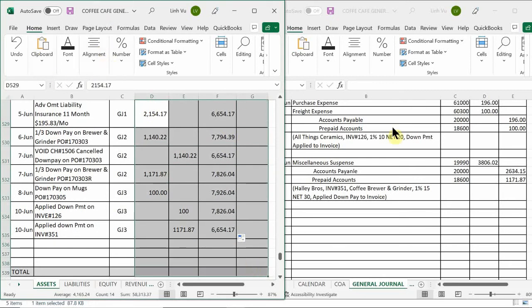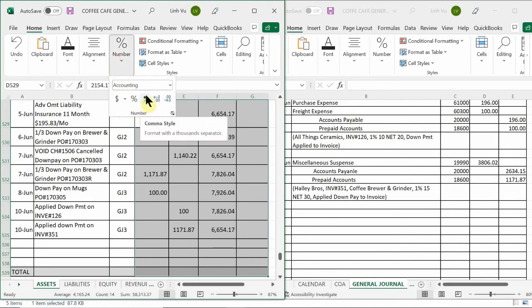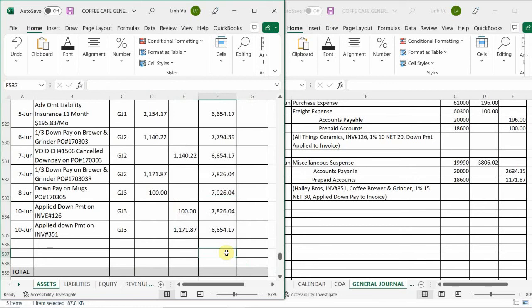Because we added it, then we subtracted, then we added, then we subtracted. Okay? So here you go. We redeemed that $1,171.87. So now your total accounts payable, if you look at your track record, went back to $6,654.17.